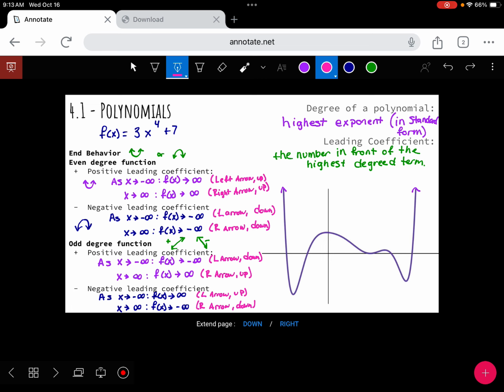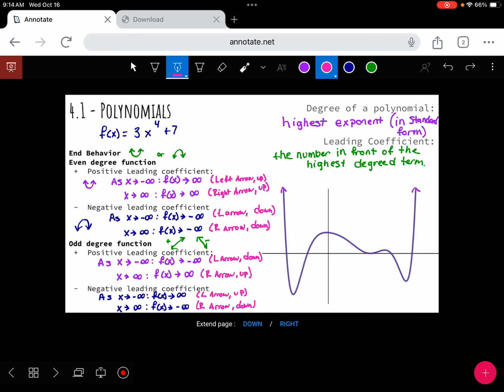So it doesn't matter to me if you put your positive infinity over your negative infinity. Just be really careful and intentional with it. But it doesn't matter what order we do it in. I just tend to go from left to right just to keep everything consistent. And that's the way we read stuff. So questions on this giant list of end behavior here? There's a lot.